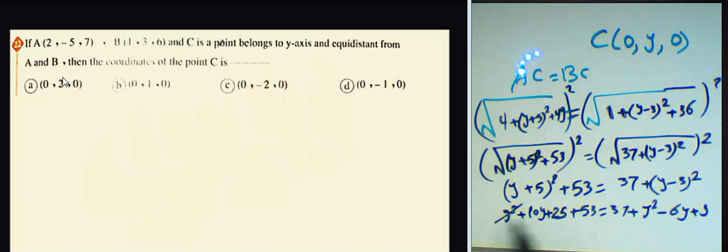Cancel y power 2 by y power 2. 10y plus 6y on one side, and 25 plus 53 equals 78, and 37 plus 9 equals 46.